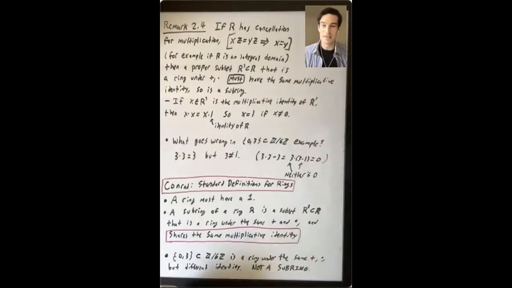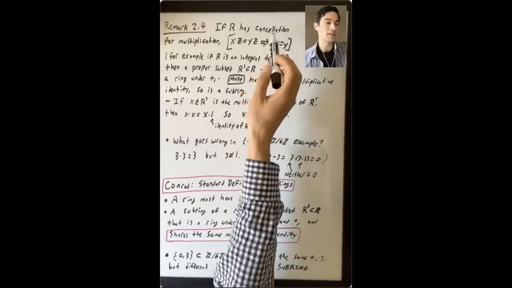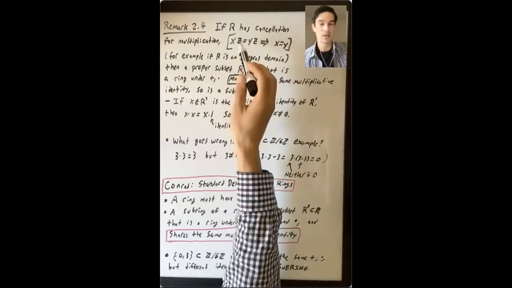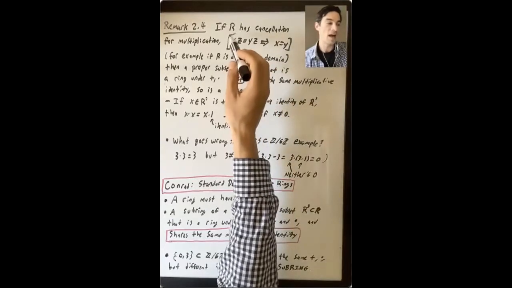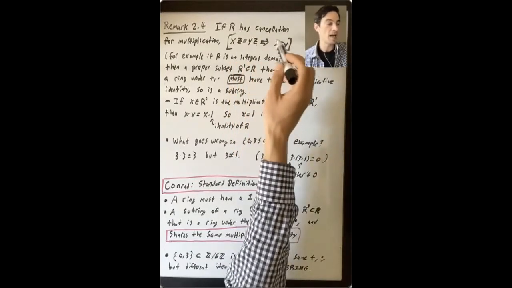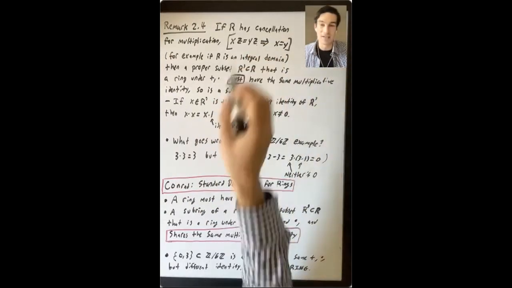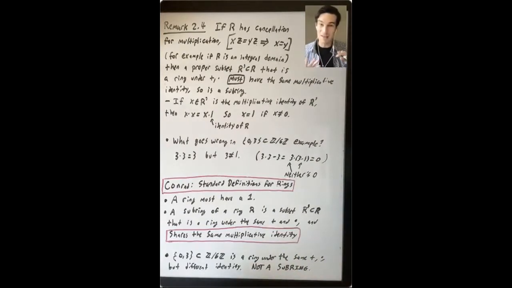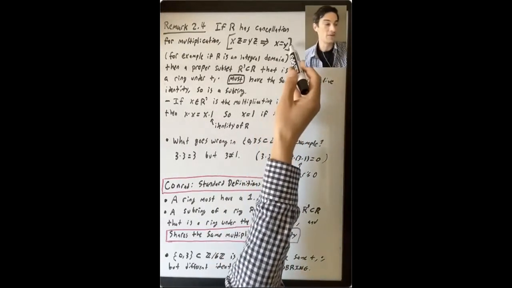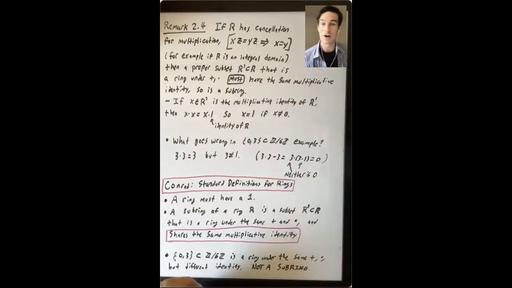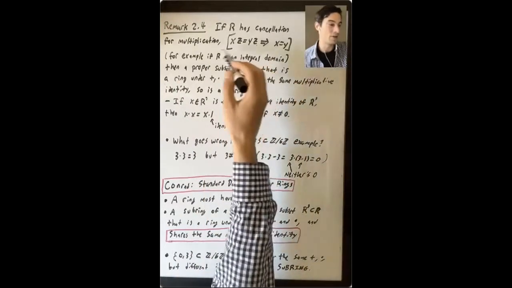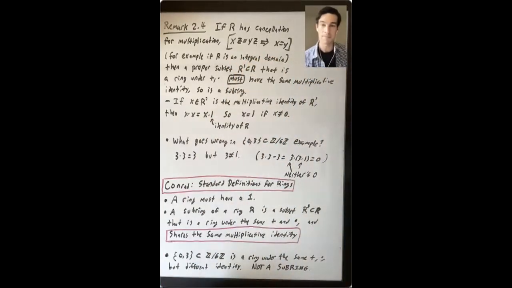Remark 2.4 in these notes of Conrad says that if R has cancellation for multiplication, this isn't an extra assumption at all. What that means is that xz equals yz implies x equals y, if you can do something like multiply both sides of this equation by z inverse, which we've seen makes sense, for example, in the case where R is an integral domain; we proved that an integral domain has this cancellation property.